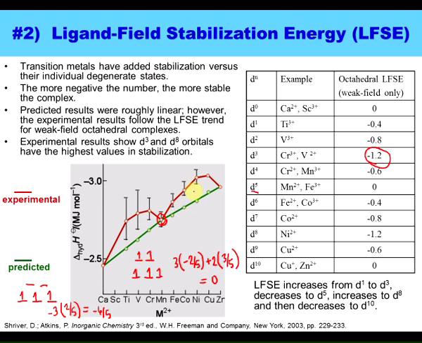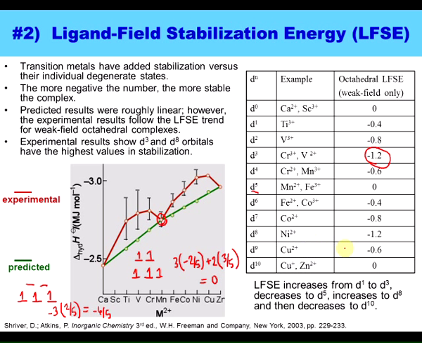As you can see, as we maximize our ligand field stabilization energy here with nickel, -1.2, but as we go to copper 2+, one over, you're putting another electron into a destabilized orbital, so we're going to lose some of that ligand field stabilization energy.